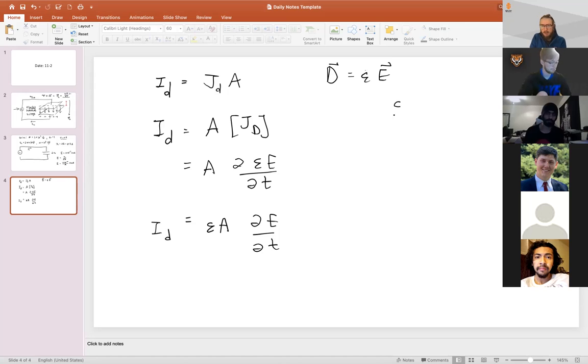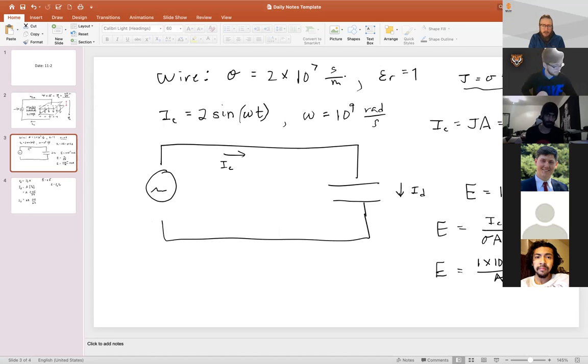And then what will epsilon be? Do you remember? We can write this usually as two terms. There's two different things that we usually write this as. What would we call it in terms of the variables? One is epsilon naught, right? What is the other variable? ER. Yeah, ER.